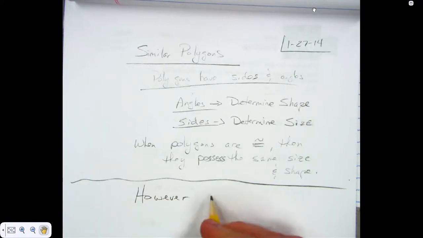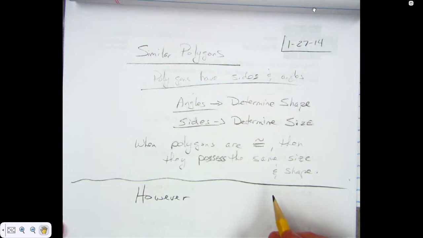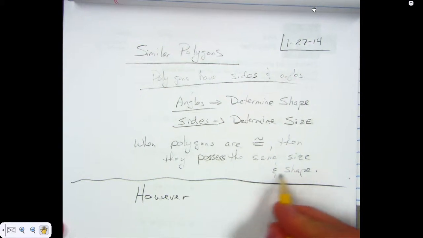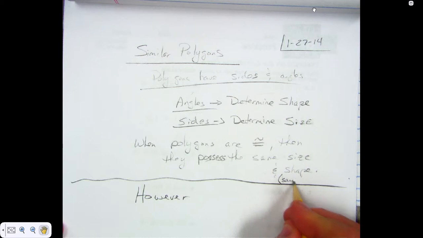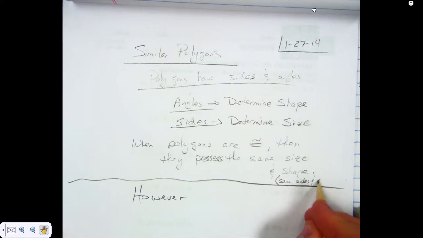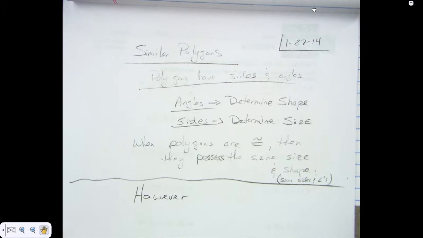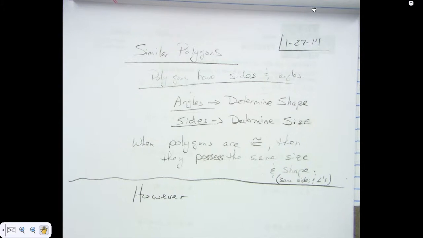However, well, here, below same shape and size in parentheses, same what? Sides and what? Angles. Right? So that when they're congruent, they have the same sides and angles. Everybody agree there? Yes.